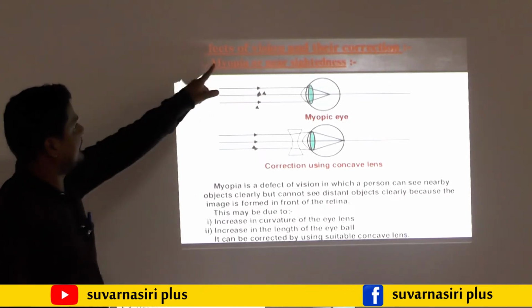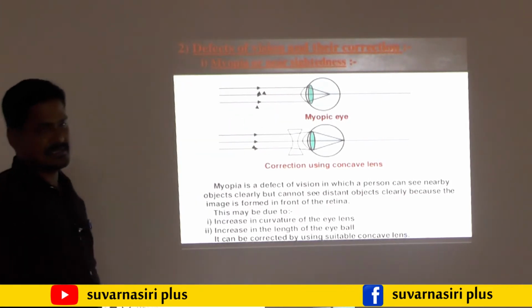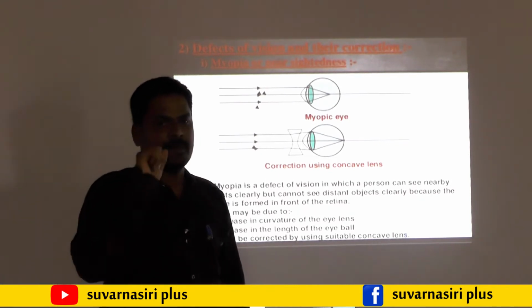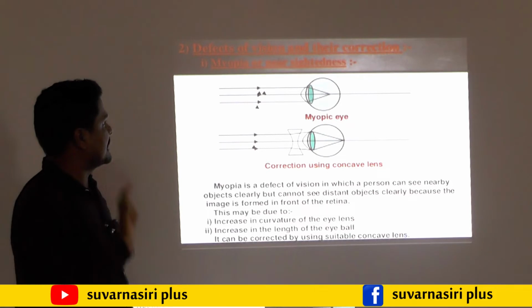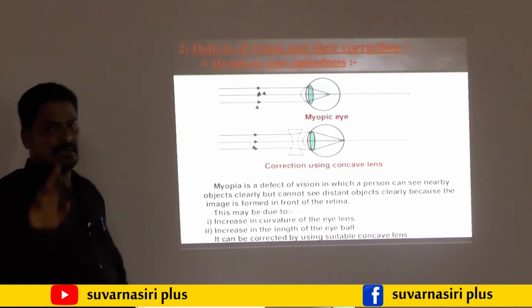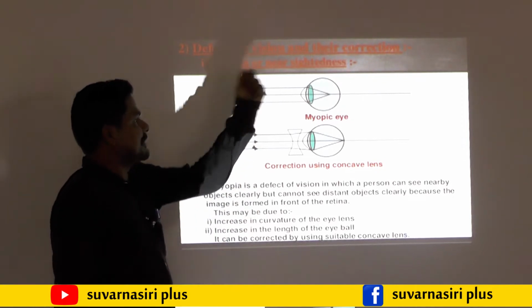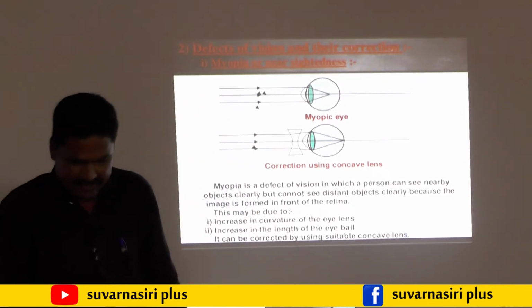Defects of vision and their correction. I already said there are myopia and hypermetropia. We learned hypermetropia, and now this is myopia. Myopia is called nearsightedness.